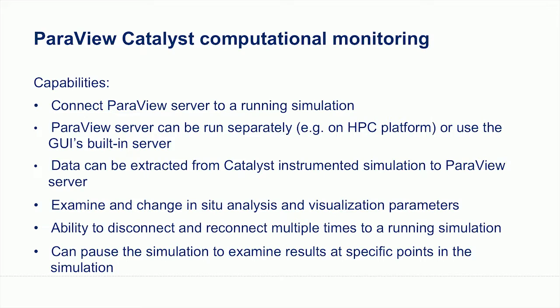You can connect and disconnect, running multiple times to the simulation. So this gives you a way to check in on your simulation. You can set up your Catalyst Python script to dump out images or extracts, but then as your simulation runs, it may run for like 10 hours or something. You can periodically go in and connect with this live feature and see what's actually going on, make sure everything's going well, and disconnect, and it won't interfere with the simulation.